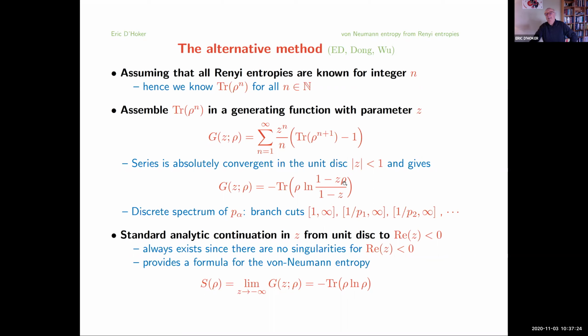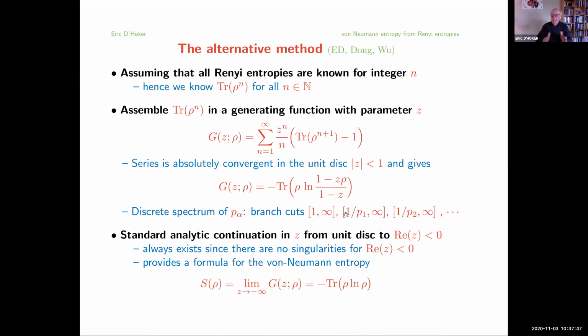Now, rho has eigenvalues which are all smaller than 1. And that means there are branch points at z equal to 1 over these p alphas, which are the eigenvalues of rho. But since p alpha is less than 1, 1 over p alpha is larger than 1.